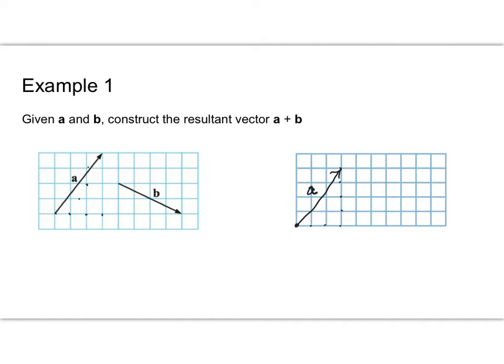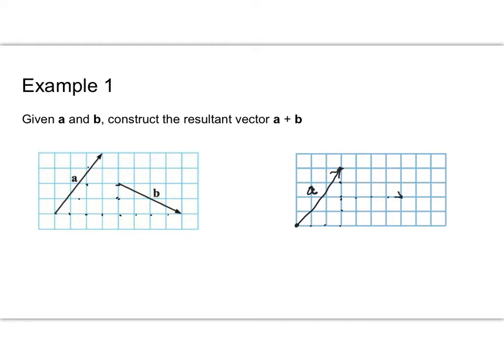All right, and then I'm going to put the tail end of vector B to the tip end of vector A. All right, so vector B starts here, it goes down 2 units and then over 1, 2, 3, 4.